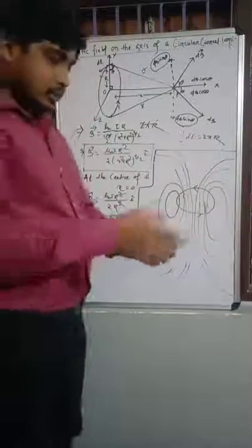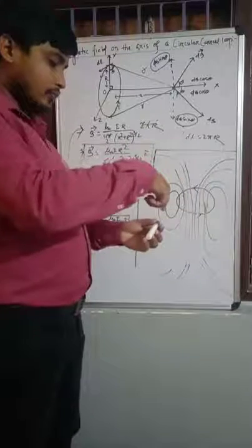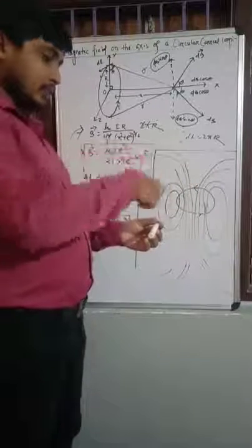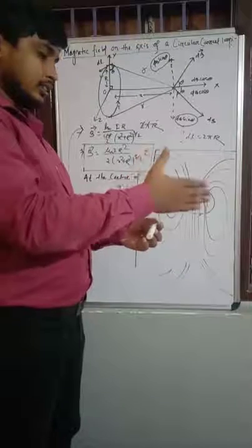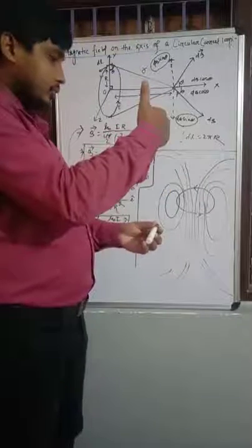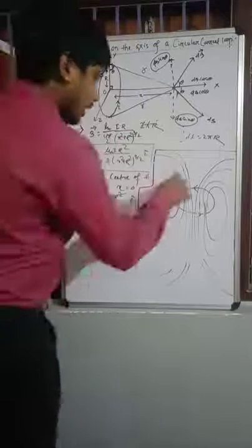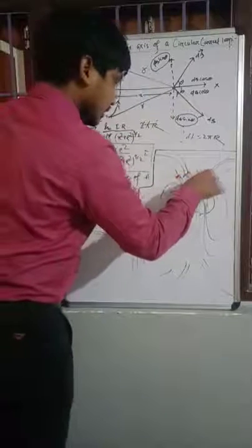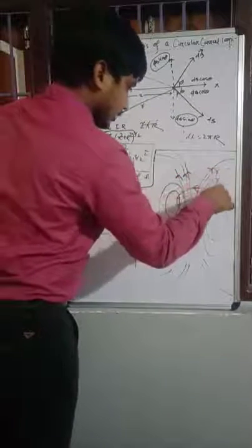Suppose this is the loop and in this direction current is flowing. If you curl your fingers, the direction of the thumb is coming in the upward direction, vertically upward. So the direction of the magnetic field is vertically upward.